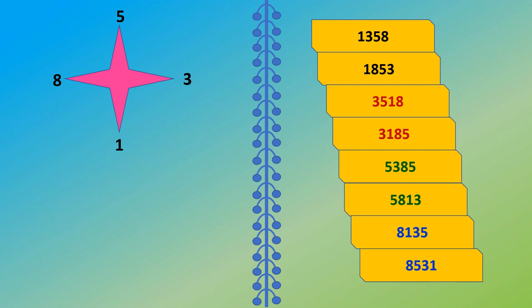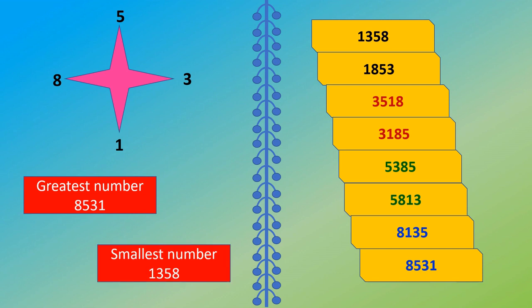So the greatest number we have here is 8531, whereas the smallest number is 1358. That's how we made so many numbers using the digits only once.